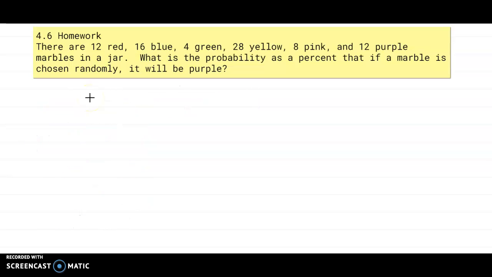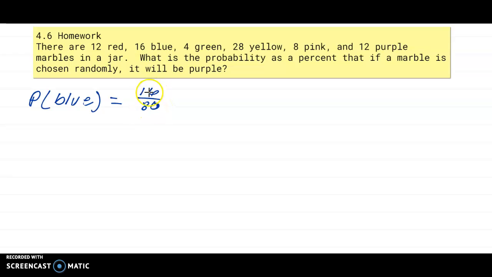Okay, in problem number 4, we want to find the probability of blue. So the probability of blue is equal to, there's 16 blue marbles out of 80. So now I'm going to set up a proportion to solve that.